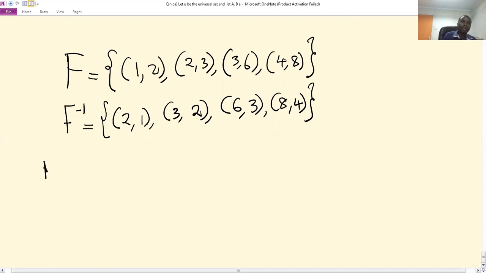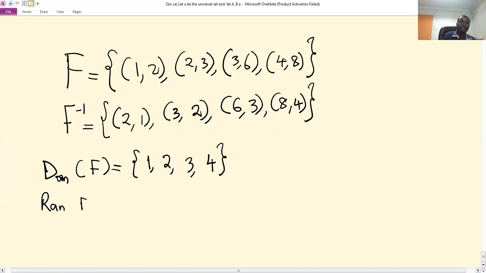Now, the domain of F is a set of all first elements in F. So we have 1, 2, 3, and 4. Range of F is a set of all second elements in F. So I have 2, 3, 6, and then 8.